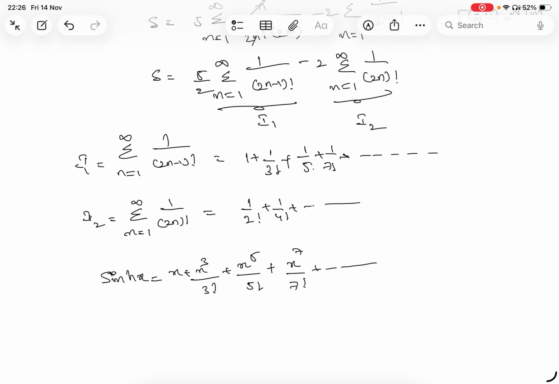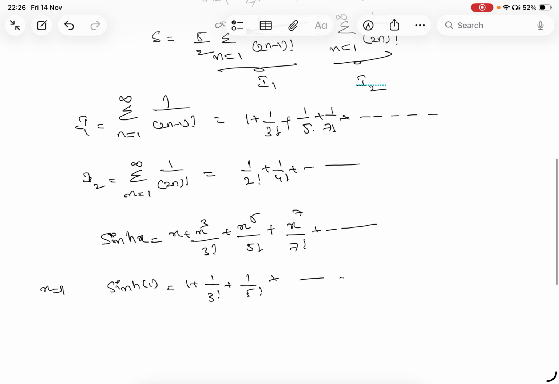Now if x equal to 1, then sinh of 1 is 1 plus 1 by 3 factorial plus 1 by 5 factorial plus and so on. So I1 is sinh of 1, the hyperbolic function.